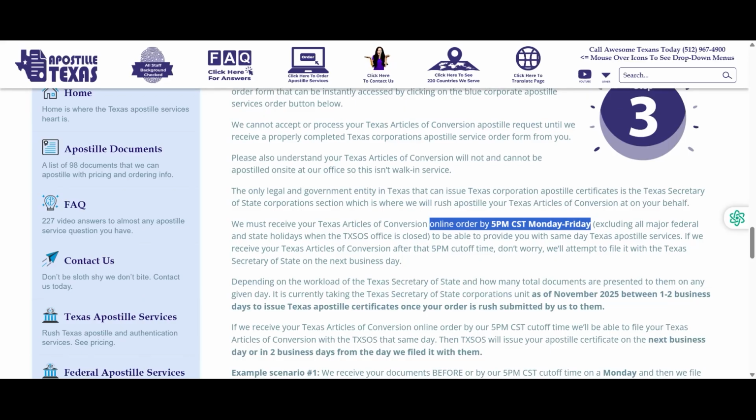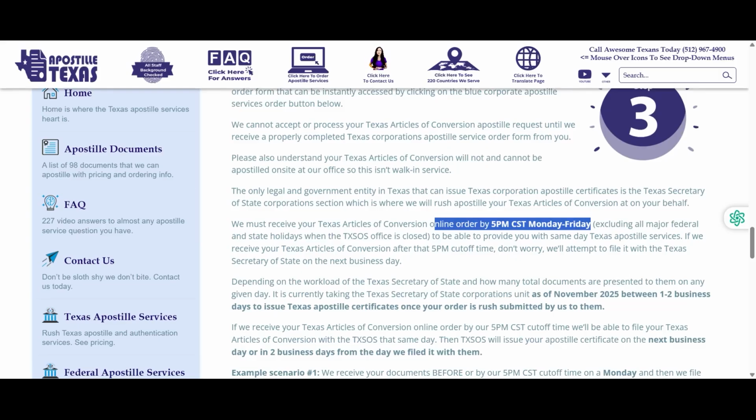They were closed. This week, Black Friday and the Wednesday before Thanksgiving, they were closed. They were closed for 3 days this week. 2 of those days are not federal or state holidays. So don't go by the government. You can contact us, and we will tell you if they're open or not. Usually we put a blog post up on our blog that will announce if they're open or not. But if we get your documents by 5 o'clock Central Standard Time or after.